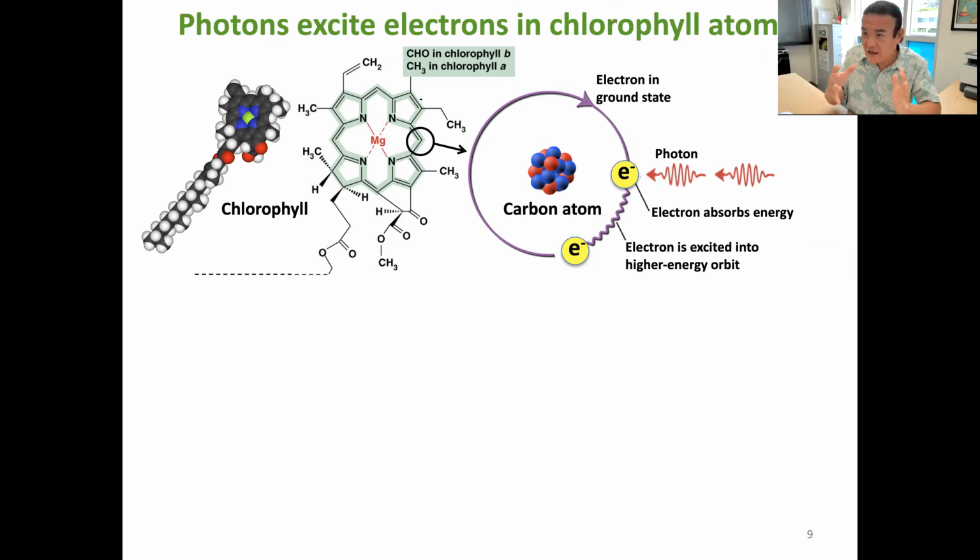Then that energy is high enough that you're not just moving the entire molecule, you're actually beginning to really mess with the electrons in the bonds in the molecule. And that's what happens. The electrons that are part of this chlorophyll molecule absorb the light. And if those electrons change their energy due to absorbing this photon of light, what happens?